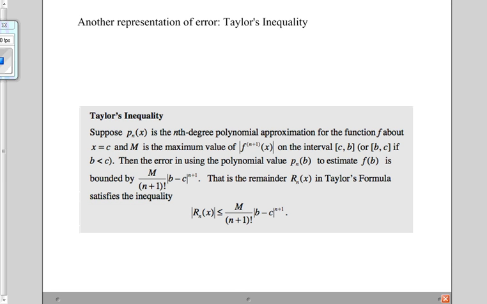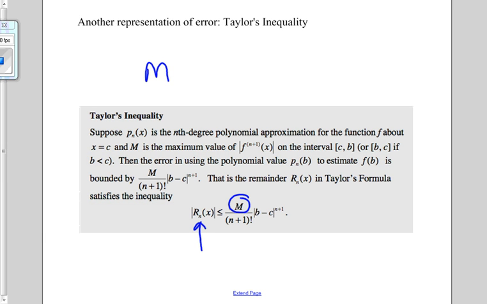Taylor came up with his own inequality, which is very similar. And let's really focus on how similar they are. Taylor's inequality has this value m, where m equals the maximum value of our n plus 1 derivative.